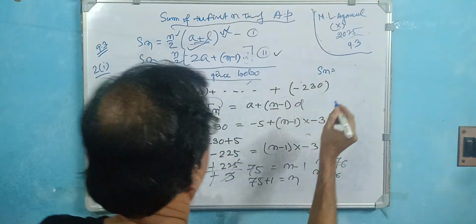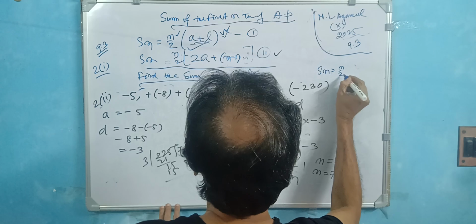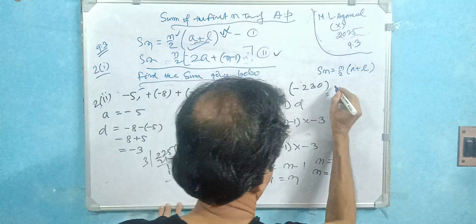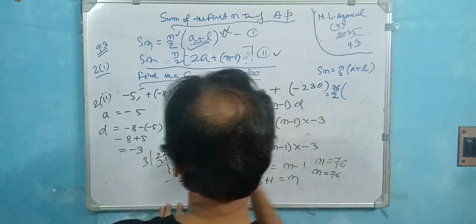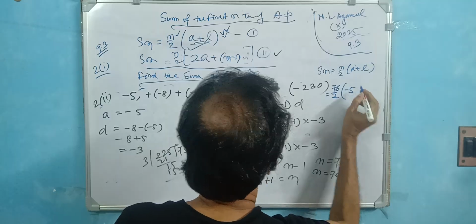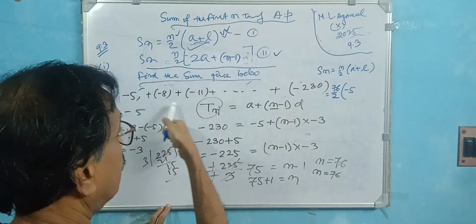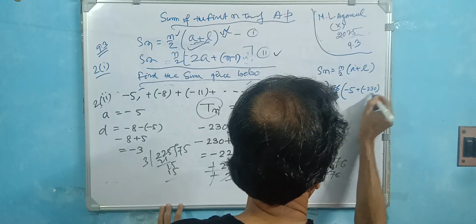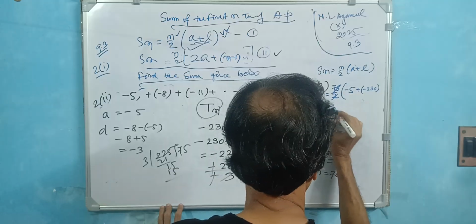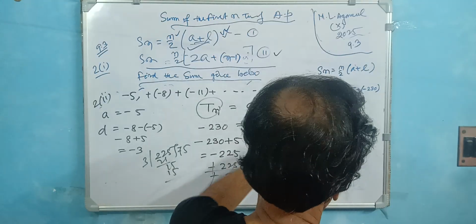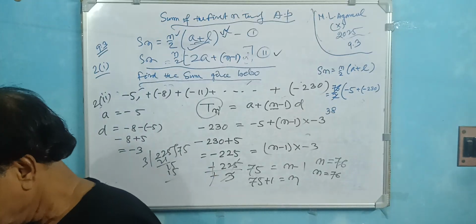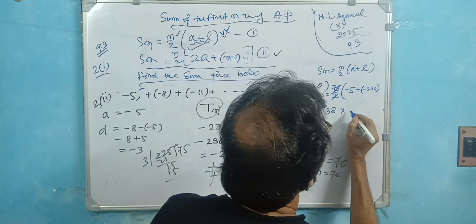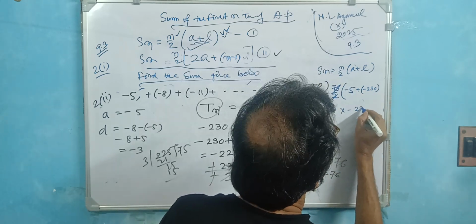Now Sn. Put this value in. Sn is n by 2 times a plus l. The sum is asked. The value of n is 76, so 76 by 2 bracket, a is minus 5, l the last term is minus 230, so this is actually 38, and this is minus 5 minus 230, so minus 235.